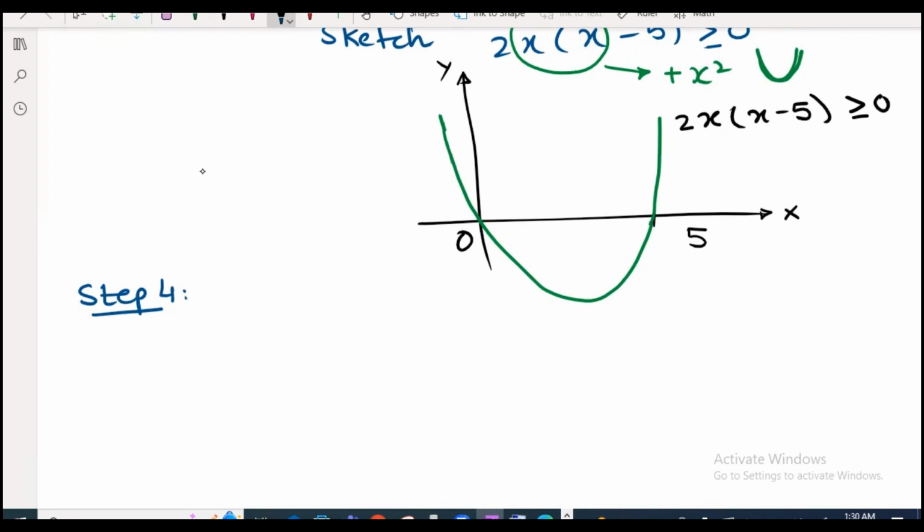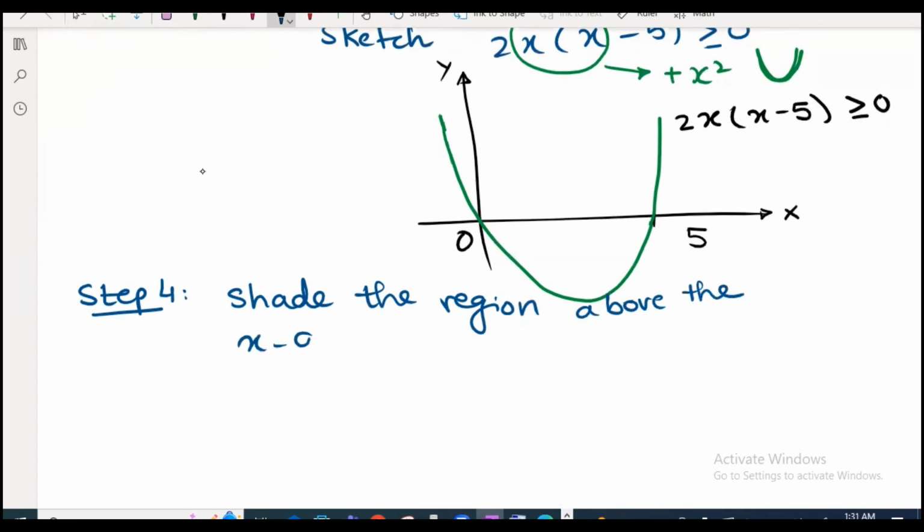Step number 4 is shade the region above the x-axis for the greater than or greater than or equal to sign.